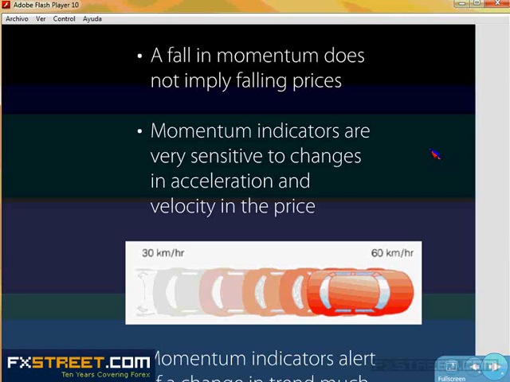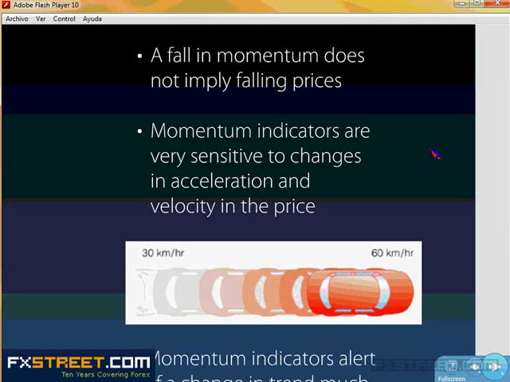So we have an acceleration and also an increase in velocity, but we may have a constant velocity. If the car, for instance, goes up to 60 km and sustains that velocity, we can still have an increase in price, and we can still sustain that direction.